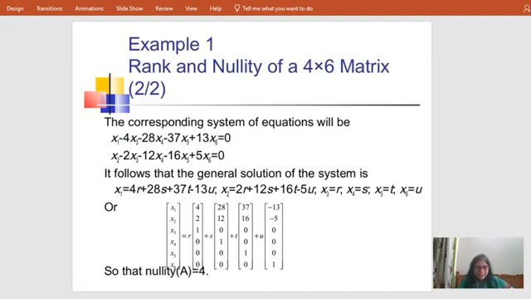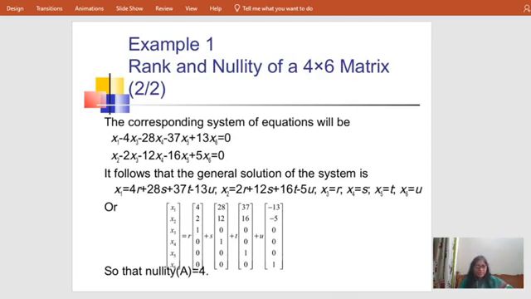That is from the first equation. And with the same substitution, the second equation will give you x2 is equal to 2r plus 12s plus 16t plus 5u. So, x3 is equal to r, x4 is equal to s, x5 is equal to t, and x6 is equal to u.